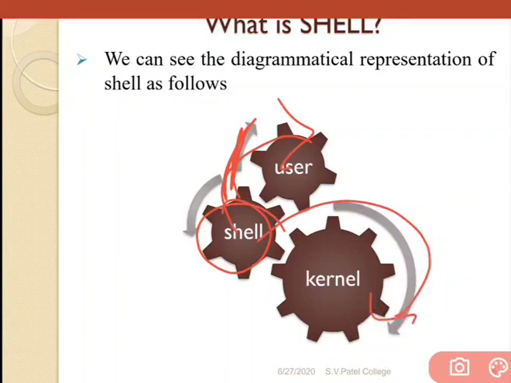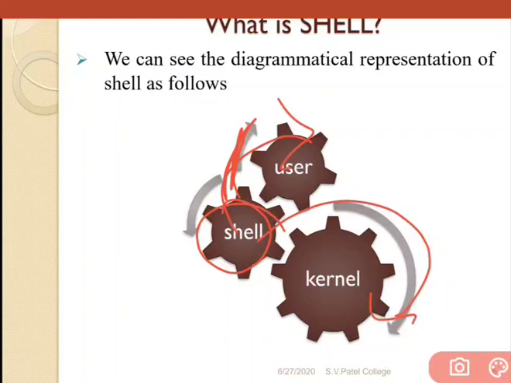What does it mean? Whenever the user types some command on the shell prompt, the shell interprets that command. The shell checks the syntax of the command, whether it is right or not.